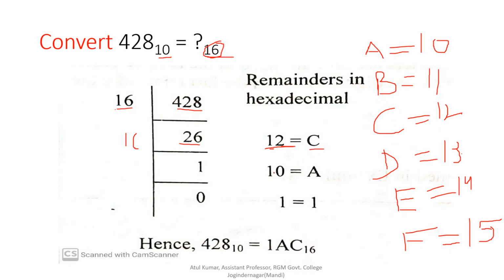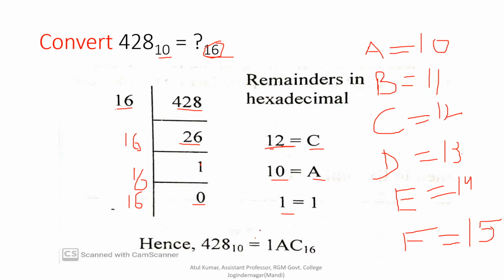Again we divide 26 by 16, quotient becomes 1 and the remainder is 10. So we convert 10 into capital A. Again we divide 1 by 16 and here the quotient becomes 0 and the remainder is 1.